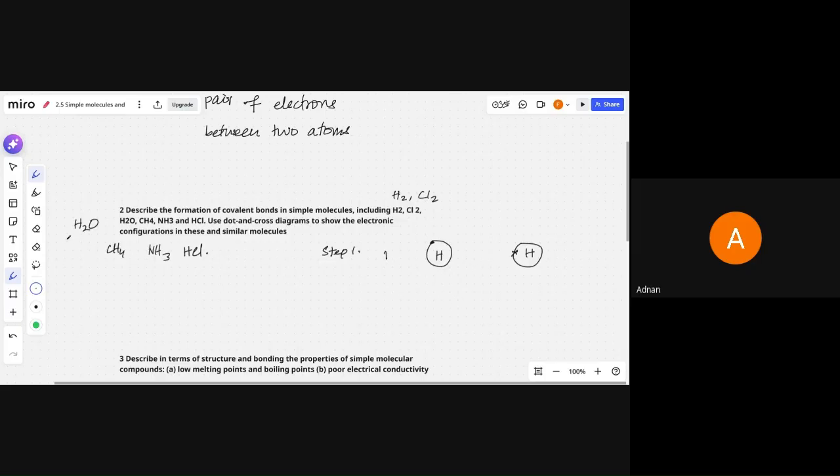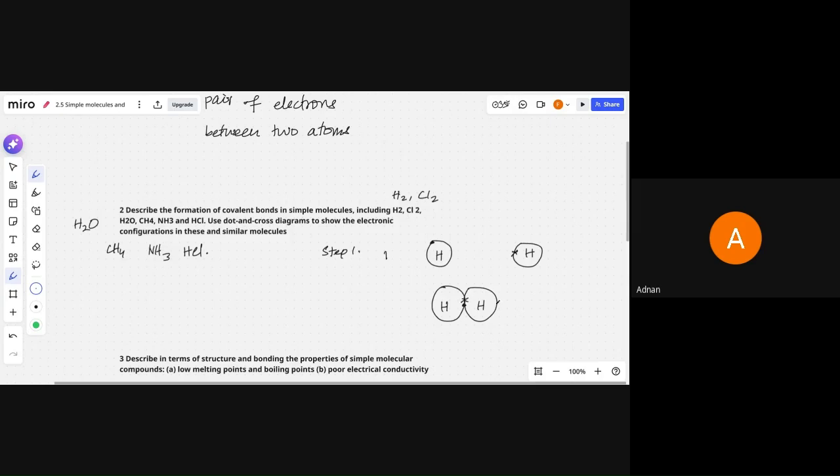So how do you draw this on your answer sheet in the exam? You draw one hydrogen atom, then you draw another hydrogen atom. Their orbits must overlap. And since each hydrogen has one electron, these electrons will be shared like this, right?